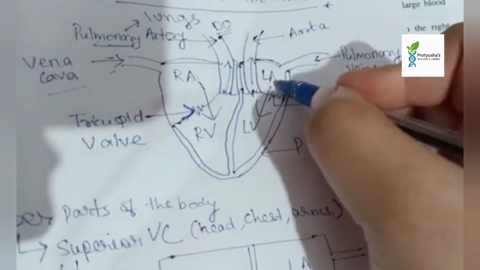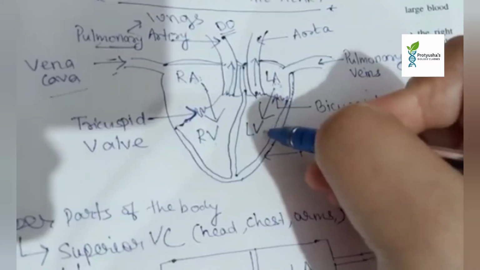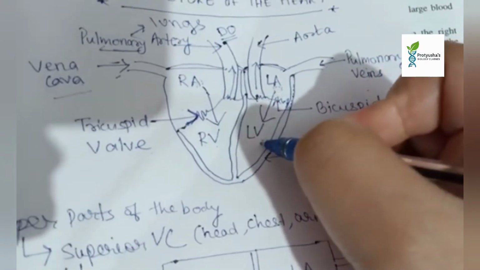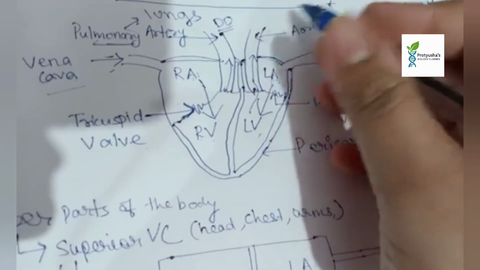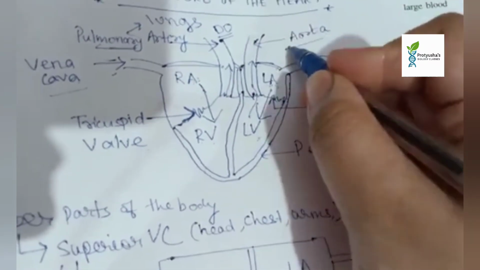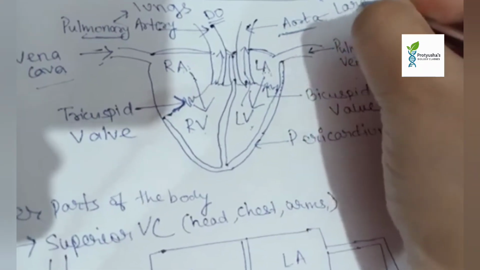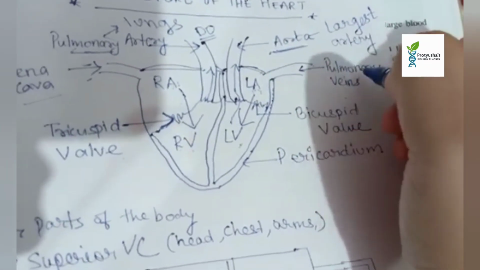Again the auricles will contract and squeeze, and the blood will flow down to the left ventricle. Now from this left ventricle, the blood is distributed to all the parts of the body through the aorta. Aorta is the largest artery of the body. Please remember this.